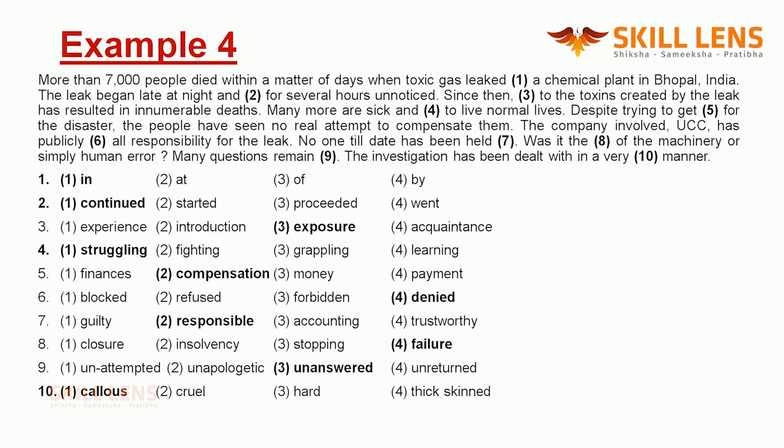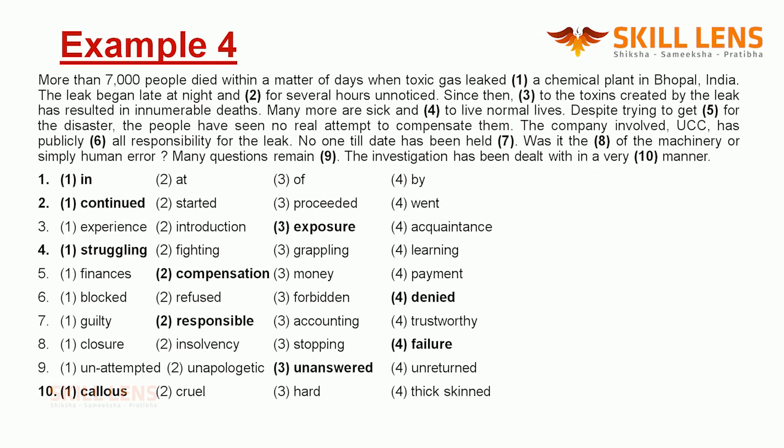Blank 4. Many more are sick and dash to live normal lives. Okay, so the answer will be struggling. A commonly made mistake is people either choose fighting or learning. Both of them actually don't make sense here. Struggling is the most appropriate answer.